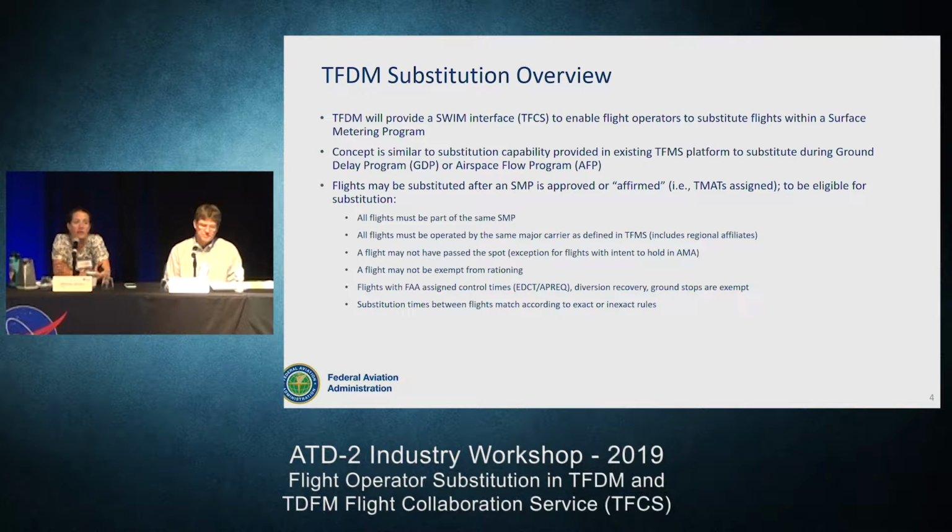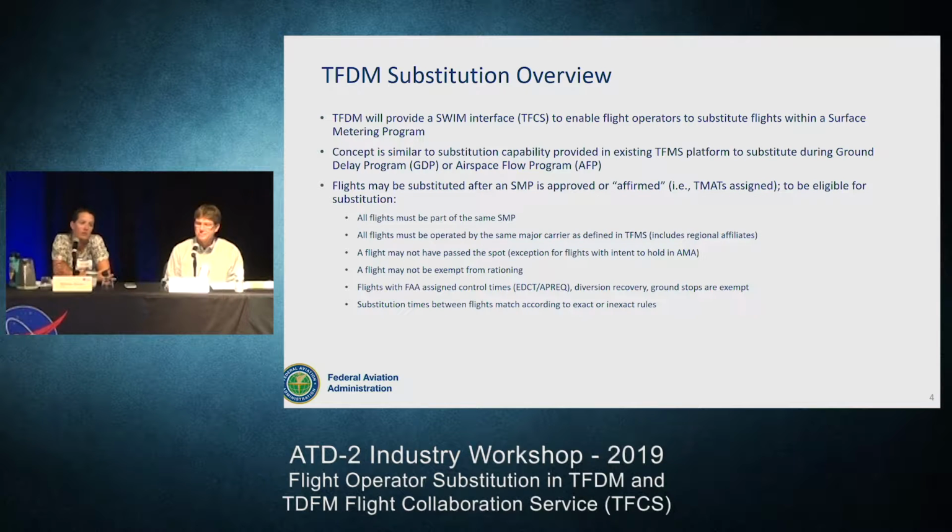Now, there are different rules for this, and this falls into the exempt from rationing. If a flight is subject to a TFDM program, so it's part of a stream that's being metered, maybe a DC to New York flight, and has not received that CFR time, depending on how that program's parameters are set up, it could or could not be exempt from substitution.